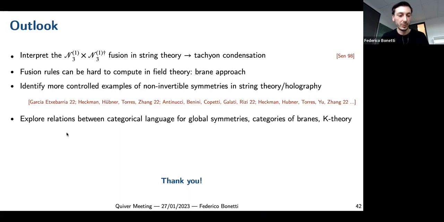I was implicitly working in Euclidean signature, and there essentially we think of insertions of extended objects in correlators, and the distinction between whether or not they extend in the Euclidean time direction is not so important for the sort of things that I was discussing today.